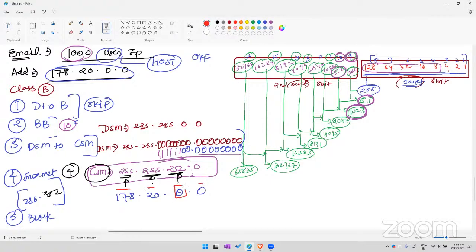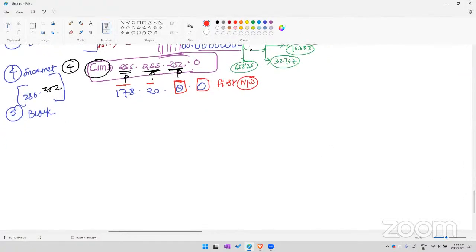We are already getting 0.0, that means this is my first network. And how to get the block, broadcast and valid IP? So write down these two octet values as they are, 178.20, and the increment is 4. That means this increment must be put in the third octet first, number 4.0. This is how we are creating the second network.